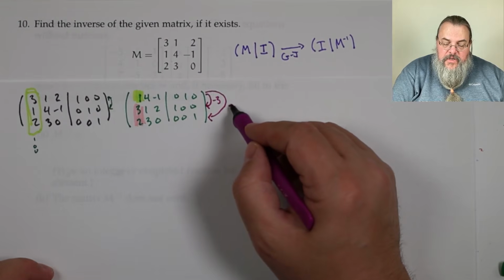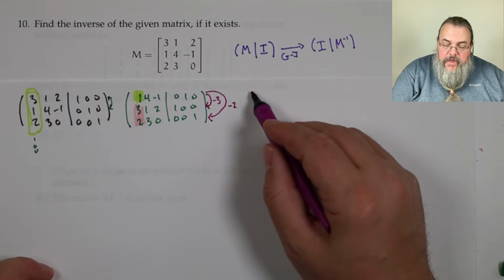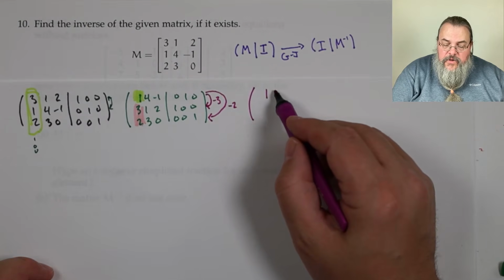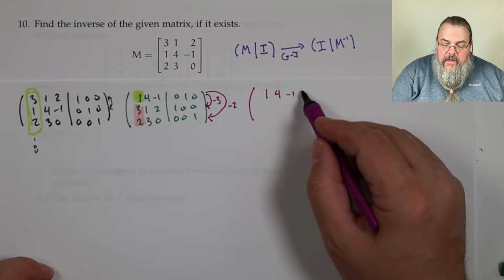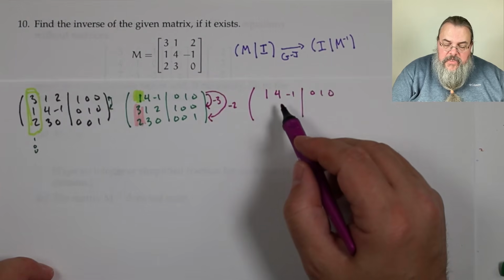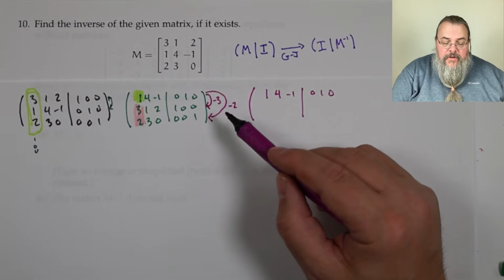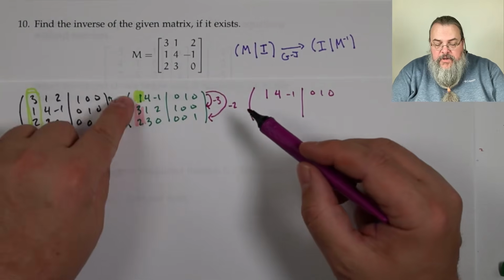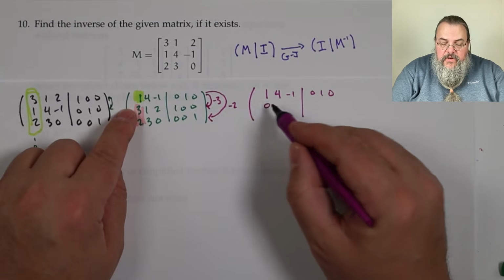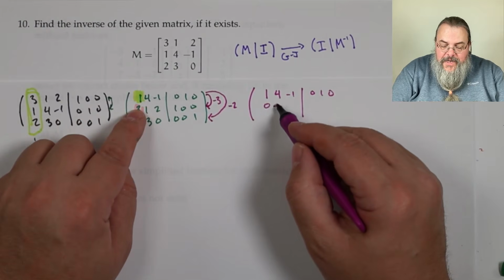And similar, minus 2 row 1, add that to row 3. Doing that, the first row stays as is, which is good. The second row, well, we're multiplying by negative 3 and adding down. So we get negative 3 plus 3, 0. Negative 12, plus 1, negative 11.